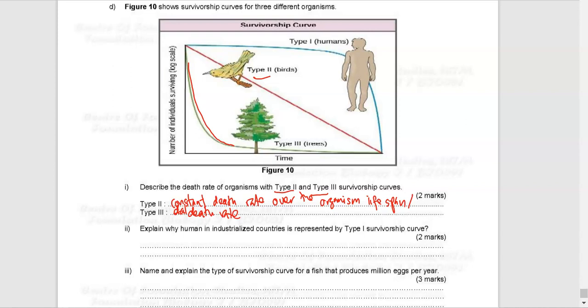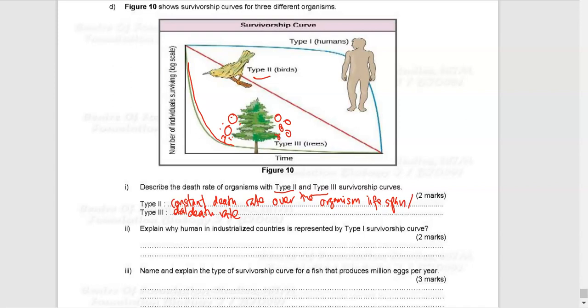For example, given here is a tree. One tree will produce lots of fruit, and each fruit will have many seeds. Not all the seeds will grow to become seedlings, and not all seedlings will be able to survive until the tree reaches a mature age.